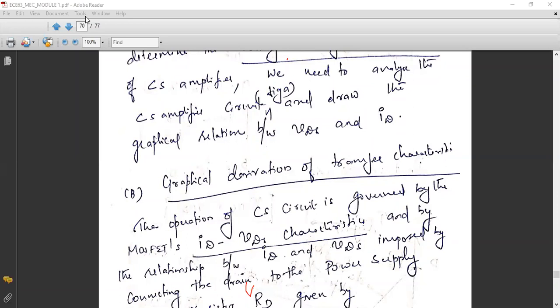But to derive the transfer characteristics, first we have to draw the drain characteristics, which is otherwise called ID versus VDS curve. So this is not the transfer curve. Transfer curve is V0 versus Vi. To plot V0 versus Vi, first we have to draw the VDS versus ID graph, that is drain to source voltage versus drain current graph, which is otherwise called drain characteristics.